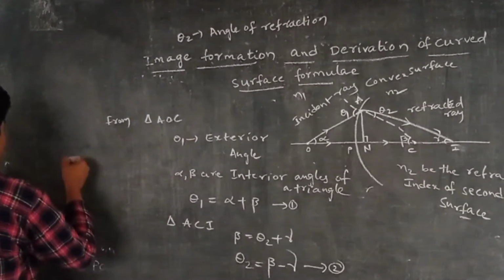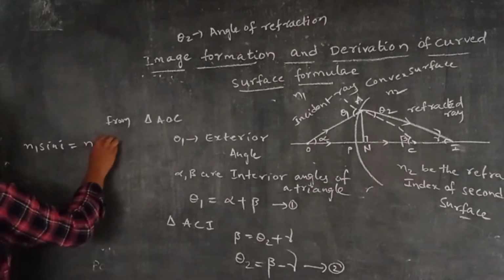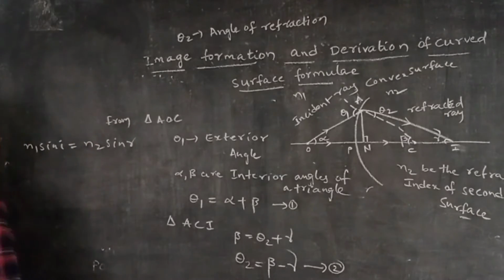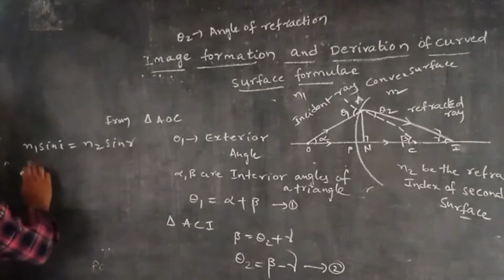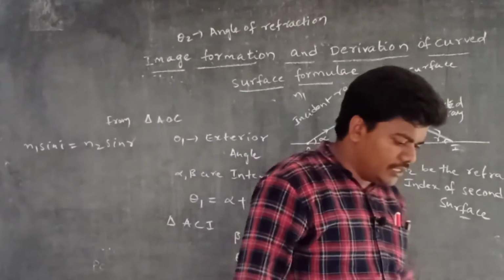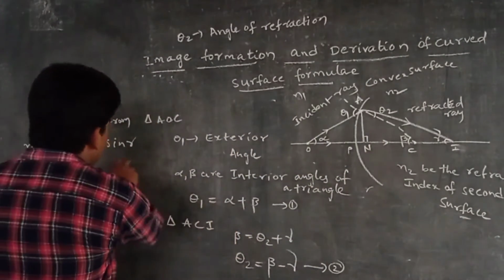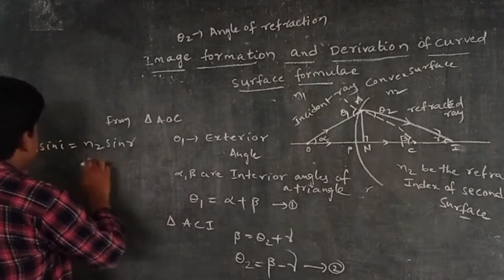This is the Snell's law formula: N1 sin I is equal to N2 sin R. What are the N1 and N2 values here? Substituting these two values, theta 1 and theta 2.